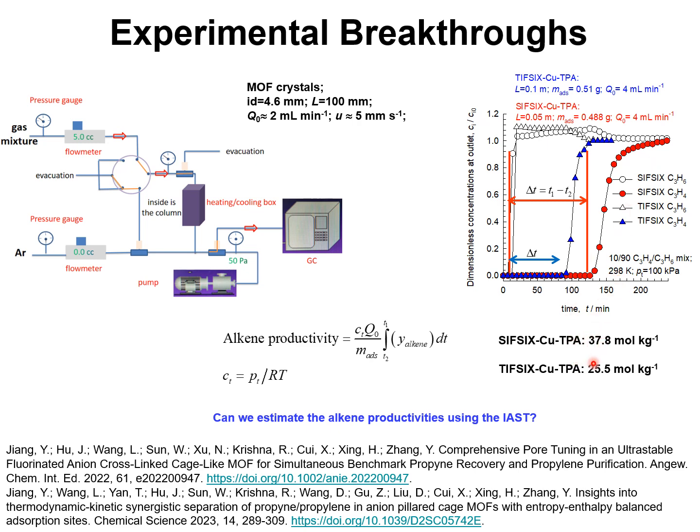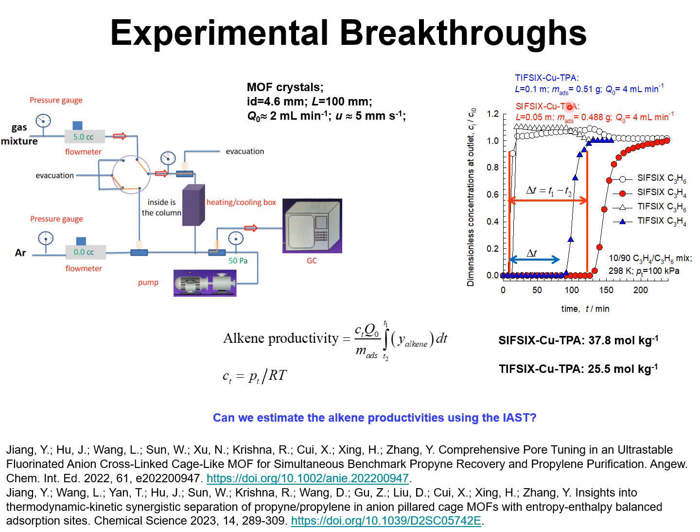These breakthrough experiments are obtained with two different MOFs, CIF6 copper TPA and TIF6 copper TPA, shown by the red circles and blue triangles respectively. These experimental data are from these two publications in Angewandte Chemie and in Chemical Science.